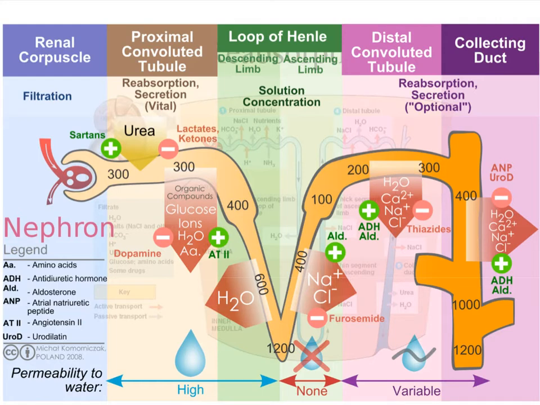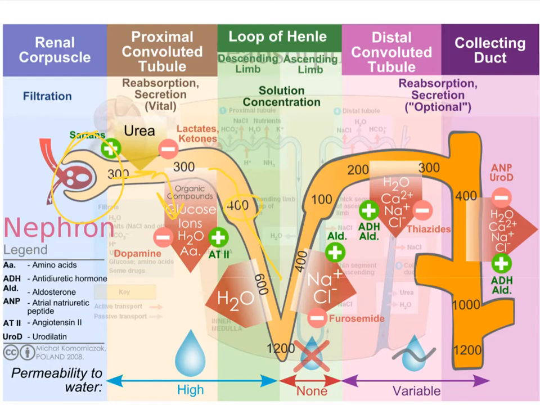This chart is going to give you an example of some of the things that are being reabsorbed here. So again, you've got your renal corpuscle right here, moving into the proximal convoluted tubule. You will see sugars, glucose, ions, water, and amino acids can be reabsorbed. They're going to be leaving the filtrate and returning into the body. So from there, we'll be moving down into the loop of Henle, and you will see the osmotic gradient.